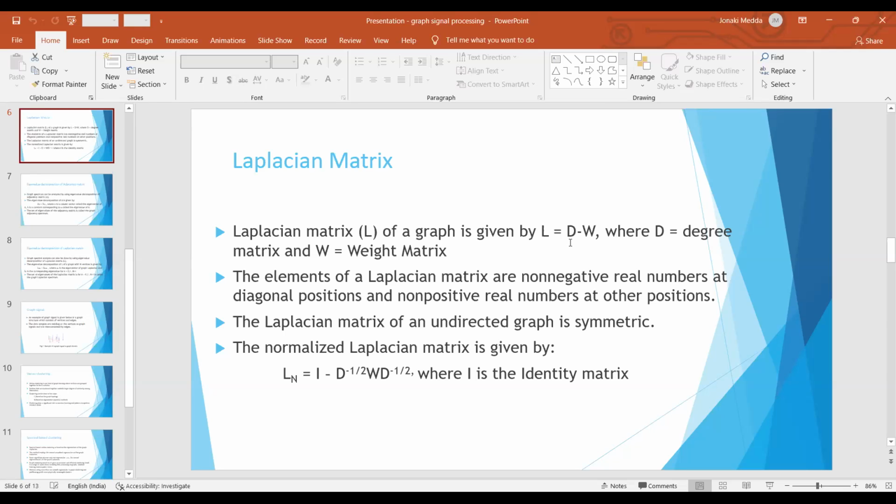So when we have an undirected graph, what is the common strategy to eigendecompose those Laplacian matrices?